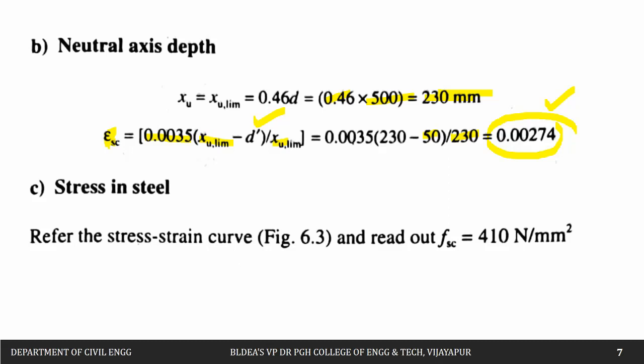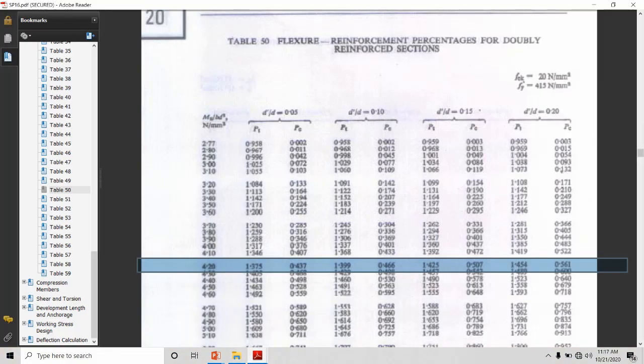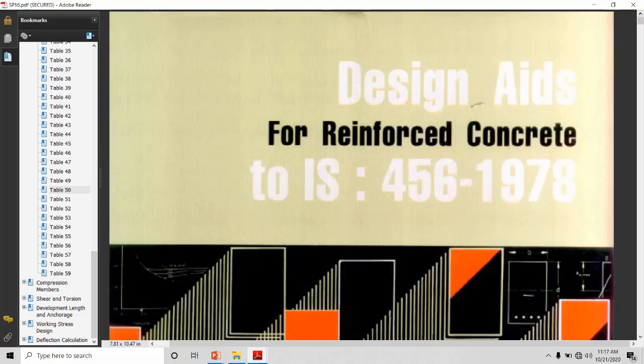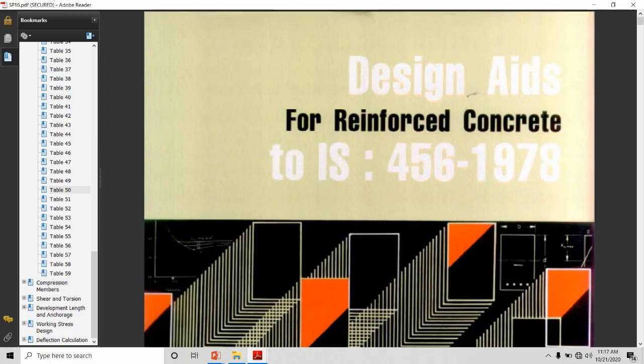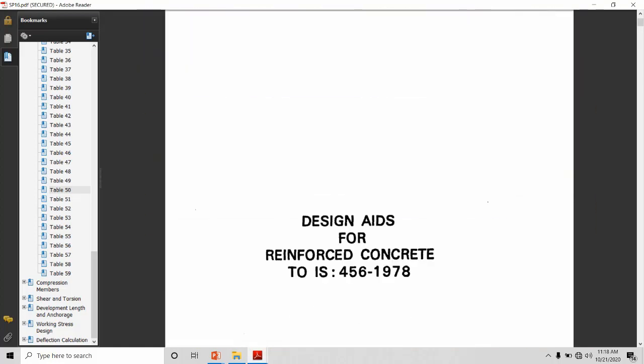The next is we have to calculate the stress in the steel, FSC. For this we have to refer to the code SP16, that is design aids for reinforced concrete to IS 456 2000 or 1978.